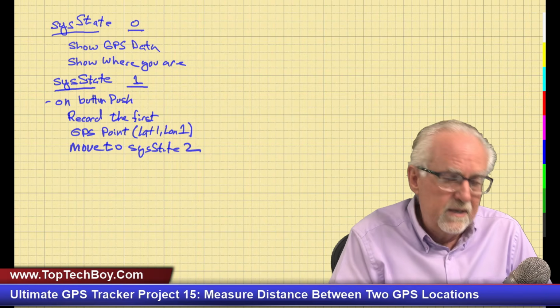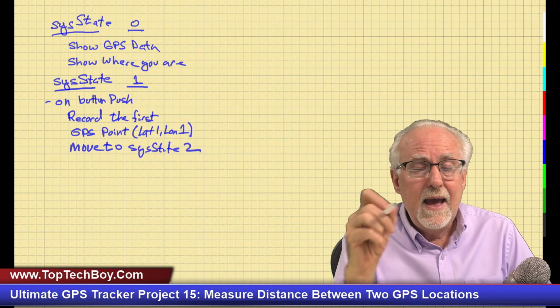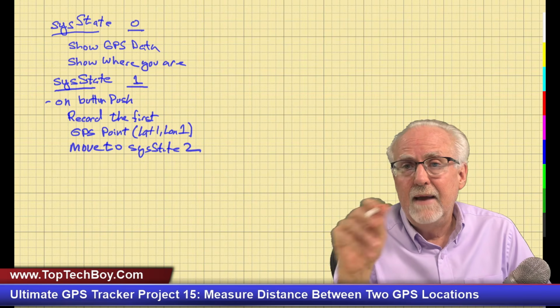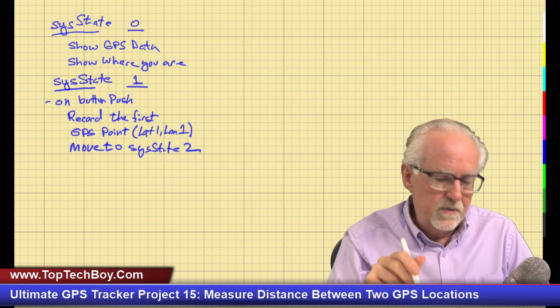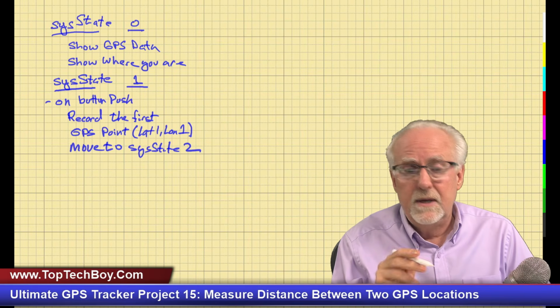So in sys-state 1, after you record the location, you're just going to say sys-state is equal to 2. And that way, the next time through the loop, it doesn't enter into sys-state 1. It jumps, and you're sitting now in sys-state 2.